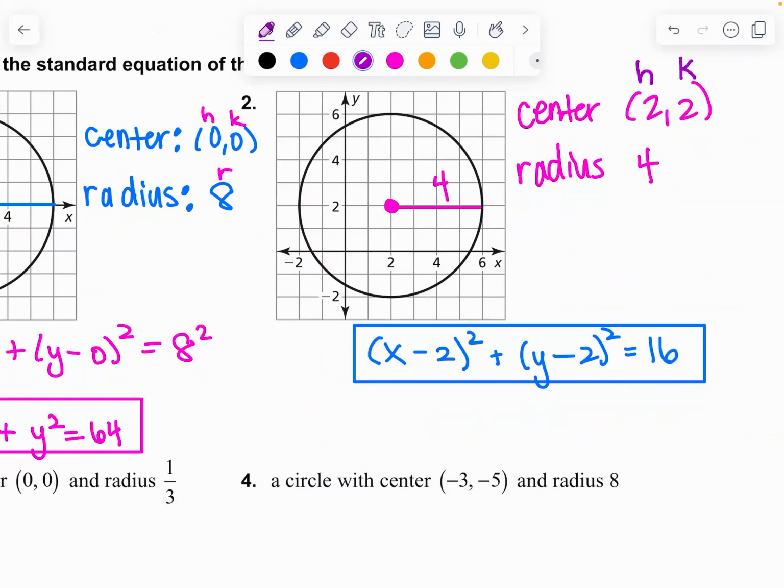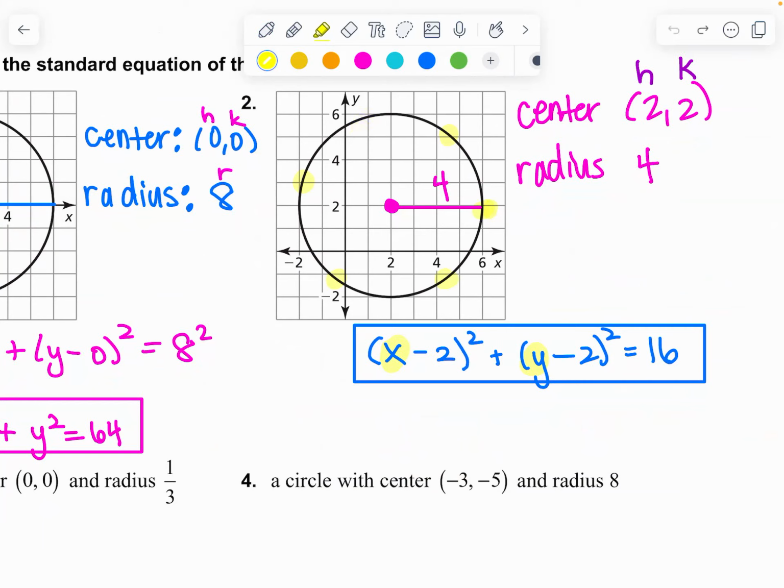If I plug a coordinate in for x and y and it satisfies that equation, then it is somewhere on the circle.